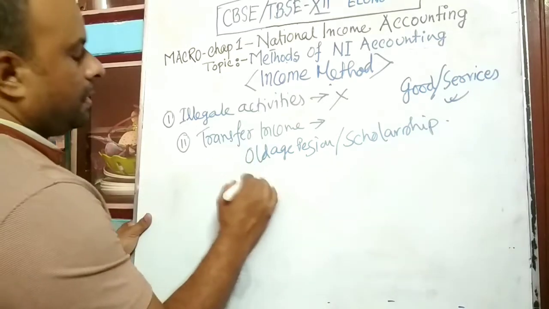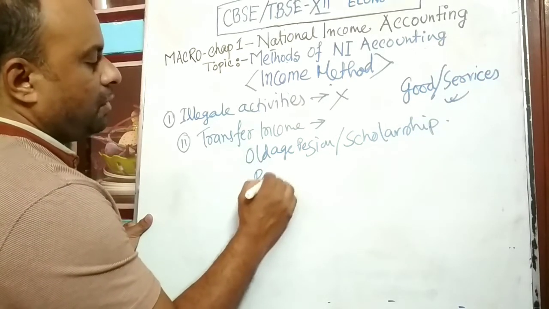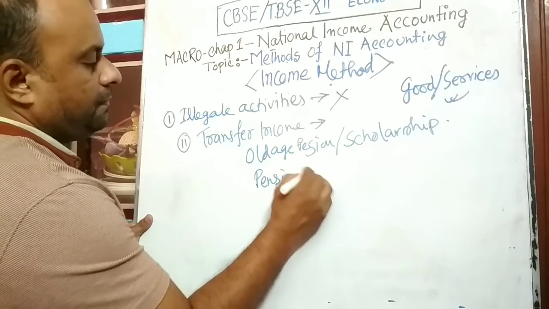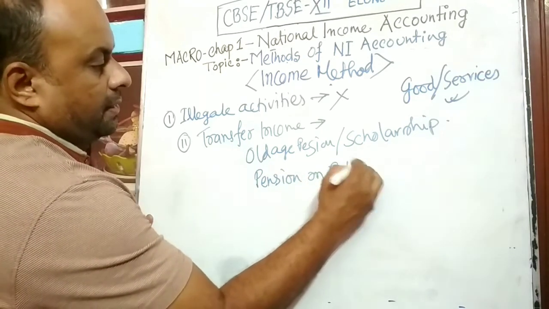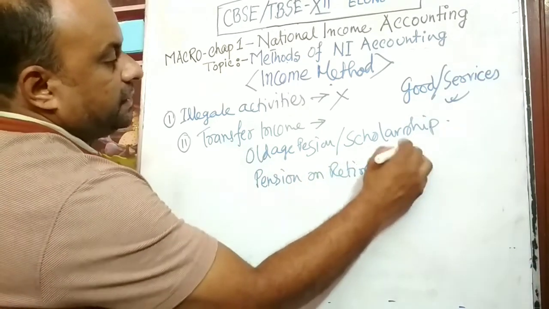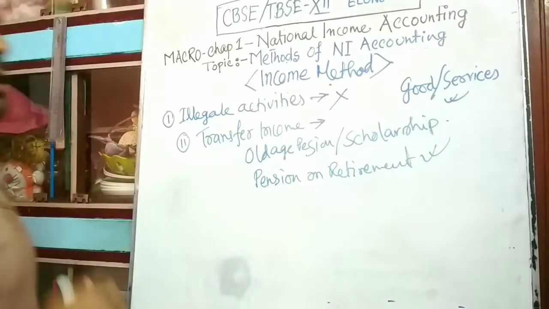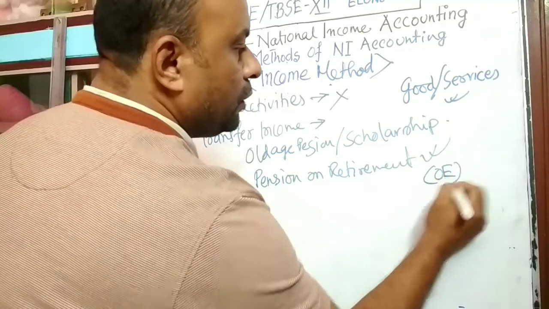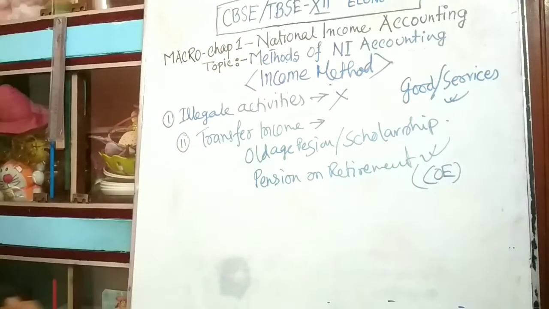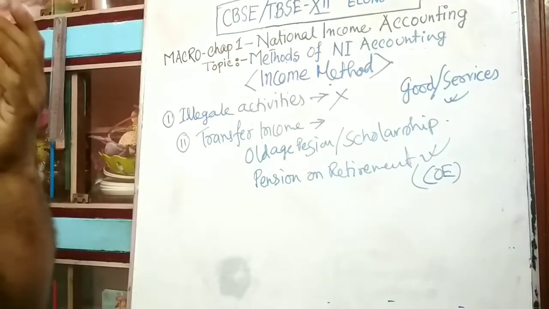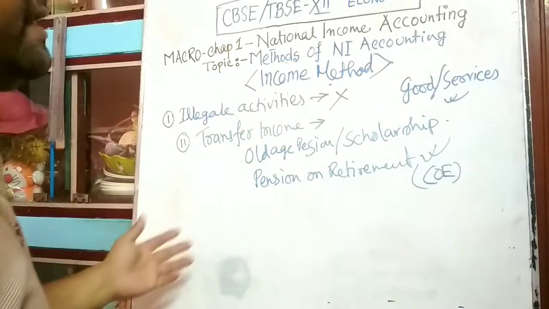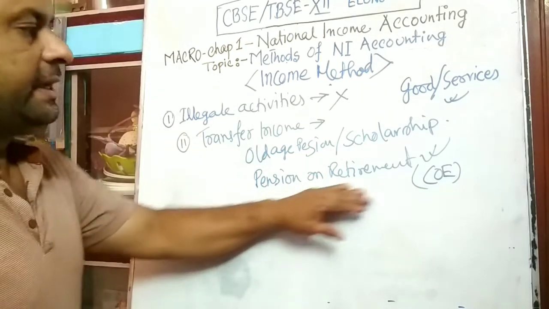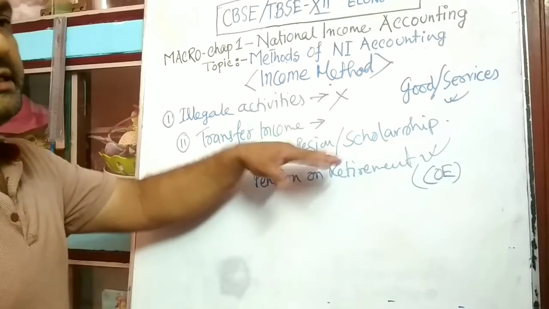But pension on retirement is included in national income. Why? This is a part of compensation of employees, not transfer payment. Because the person who worked in a factory or industry or government sector, after retirement he will get the benefits for his services rendered earlier.